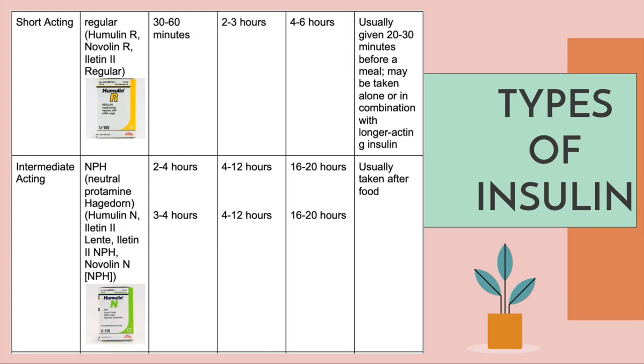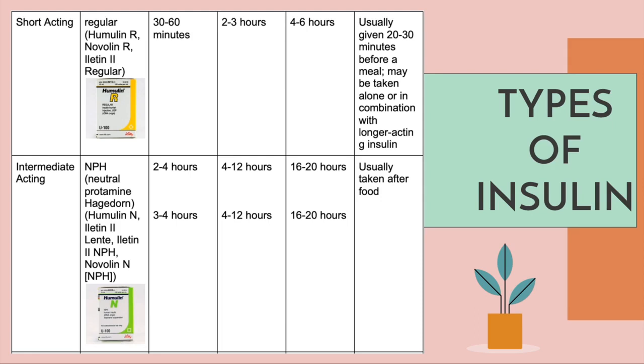Intermediate-acting insulin is the next type based on time course. Its agent is NPH, or neutral protamine Hagedorn, with Humulin N, Iletin II Lente, Iletin II NPH, and Novolin N. For NPH, the onset is 2 to 4 hours with a peak of 4 to 12 hours and a duration of 16 to 20 hours.